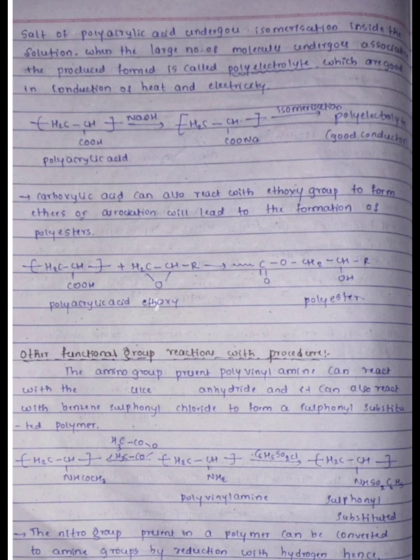The nitro group present in a polymer can be converted to an amine group by reduction with hydrogen. Hence, polynitropropylene can be converted to polypropylene amine by reduction. When polynitropropylene undergoes reaction with hydrogen gas, it forms polypropylene amine.